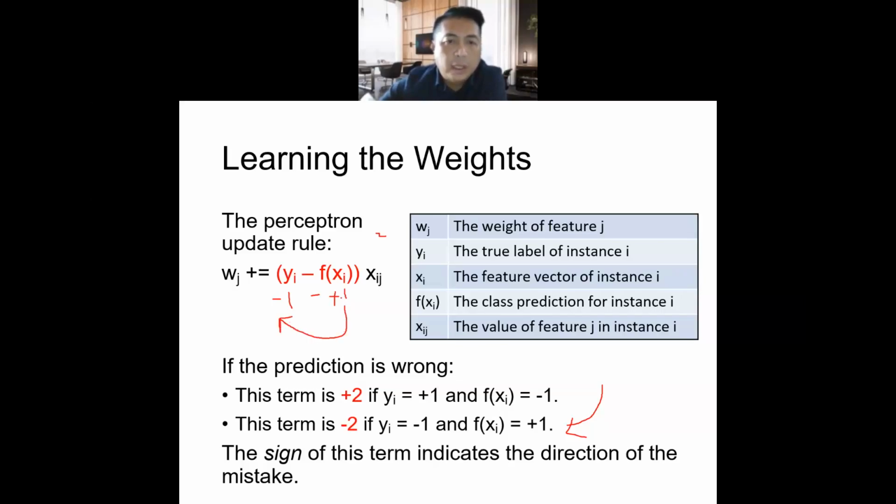So you need to add -2, then you get -1, but the whole expression is -2 already. So you will update the weightage by -2 here. So that's how the updating of the weightage is made, depending on your prediction compared with the true label of your instance.